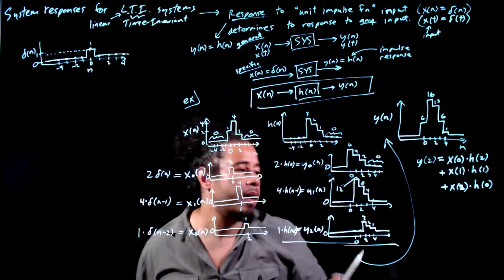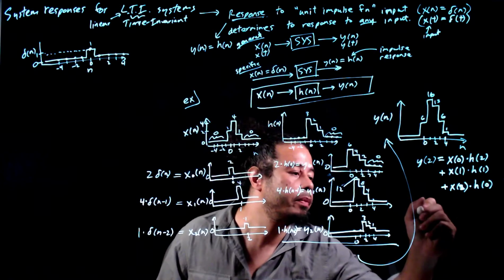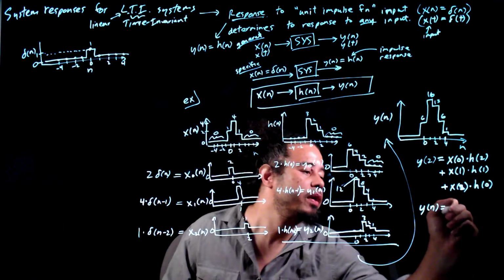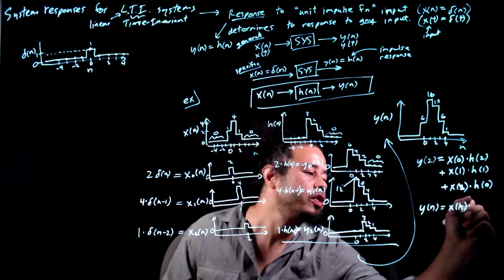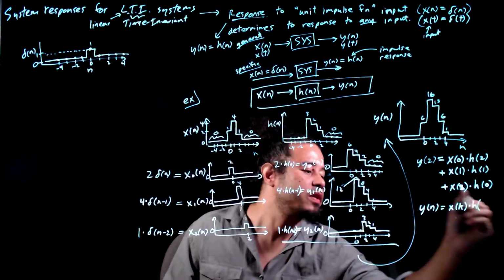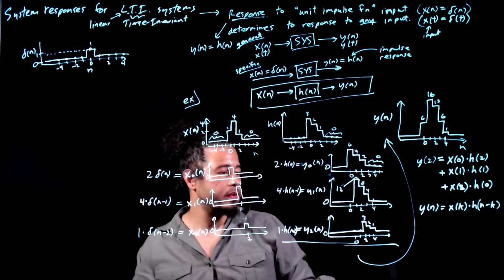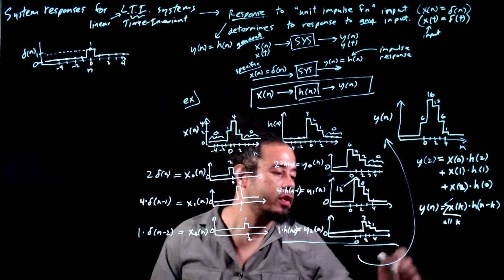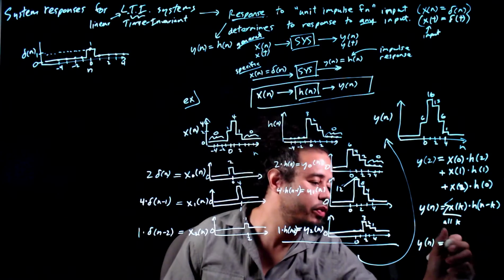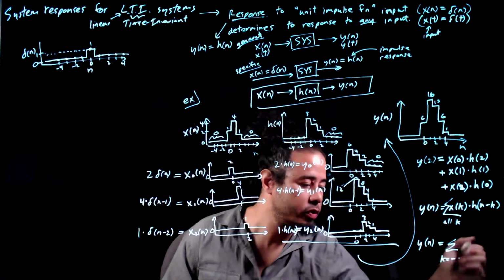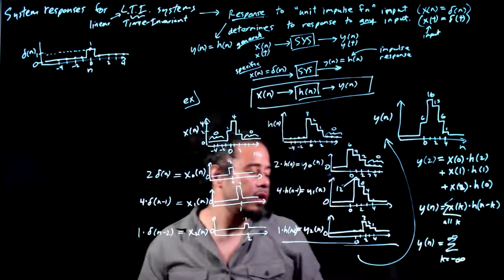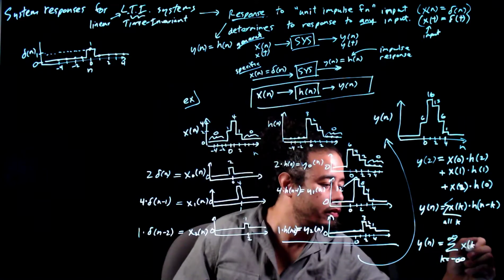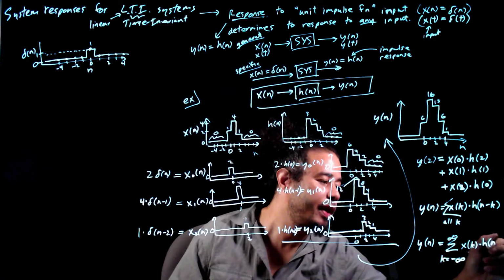And so we can write this in general as y of n is equal to the input at some time k multiplied by the impulse response function at time n minus k, and we sum this up over all k. Another way to write this more generally is that y of n is equal to the sum from k equals minus infinity to infinity, over all possible values, of x of k multiplied by h of n minus k.